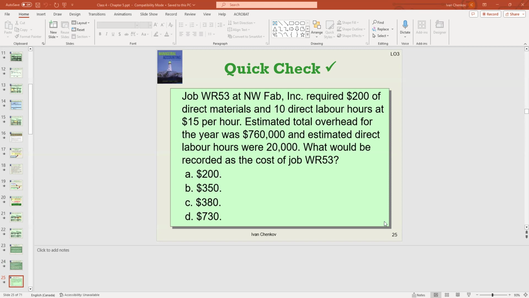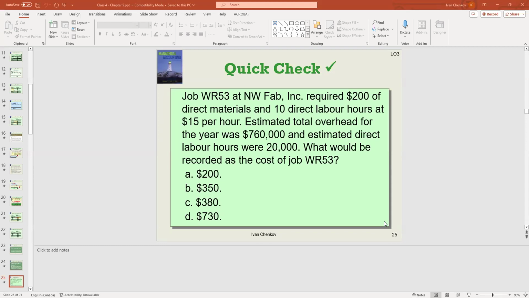So let's see. My total cost is 760,000, correct? My total usage of allocation base is 20,000. How much is my predetermined manufacturing overhead rate? That will end up at 38, with 760 divided by 20. Yes, 38. 38 is the dollar amount for every hour that I work, correct?